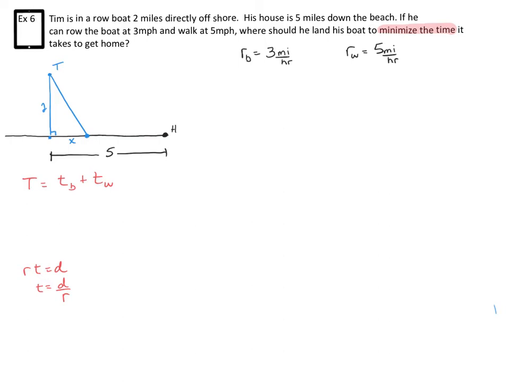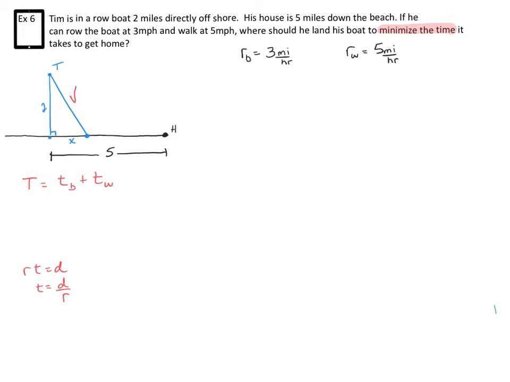So here's what we've got. We know that this value right here is x, and this value right here is 2. And because that's a right triangle, we know what the distance here that he's going to row his boat is in terms of x. And of course, that's going to be the Pythagorean theorem.